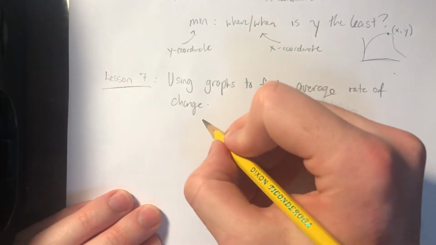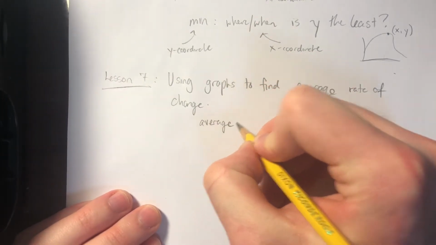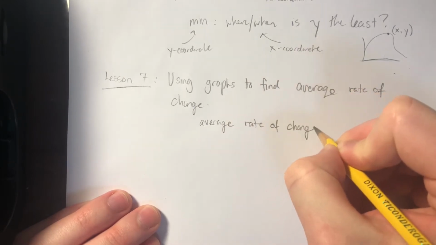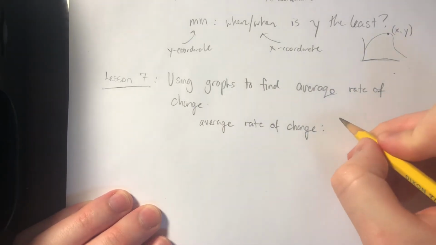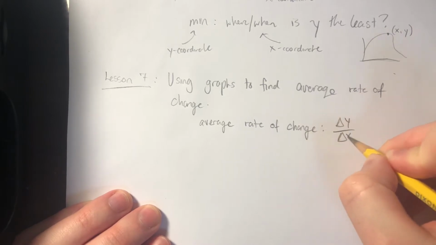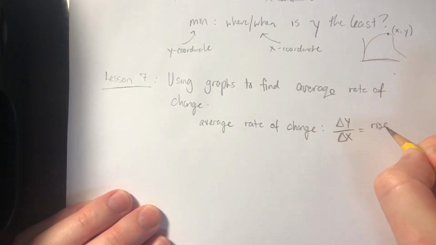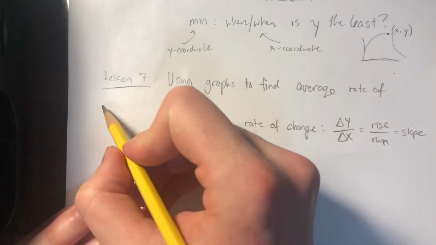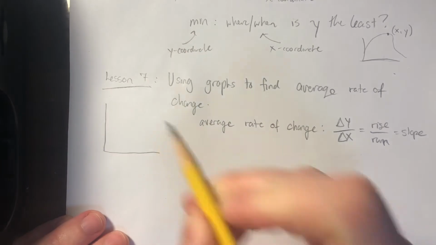So when we talk about average rate of change, we're talking about our change in y over change in x, rise over run, aka slope. The reason I don't really like to use the word slope is because slope really talks about a linear graph. But we don't need to have a linear graph to find average rate of change.